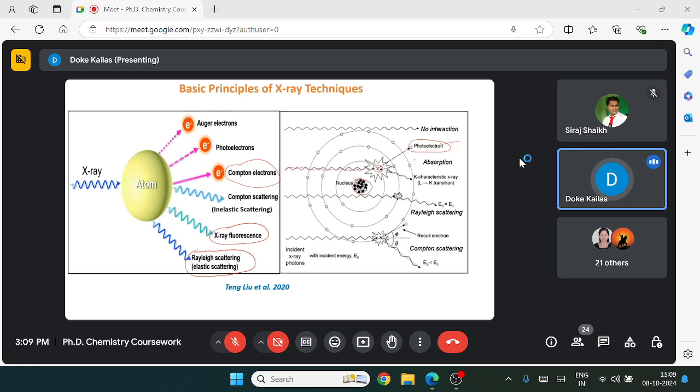Therefore, this technique is called X-ray photoelectron spectroscopy.